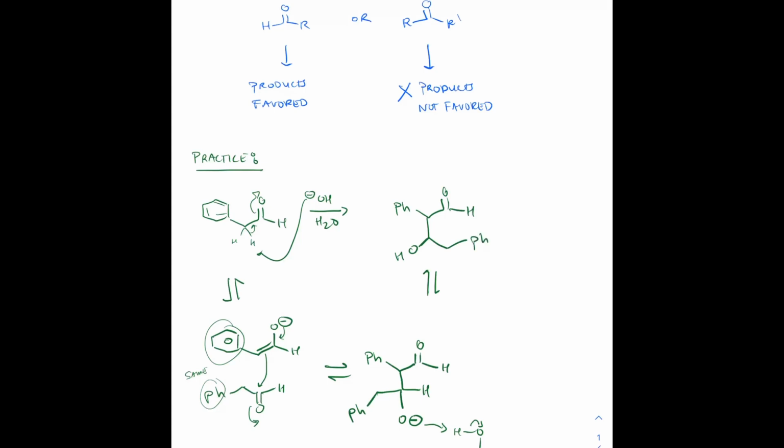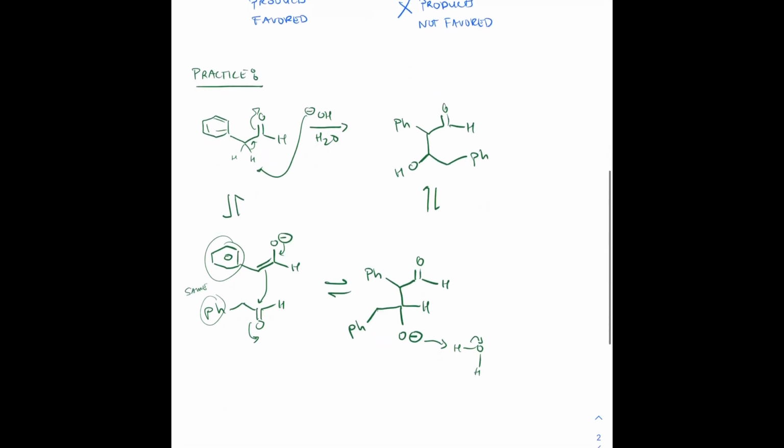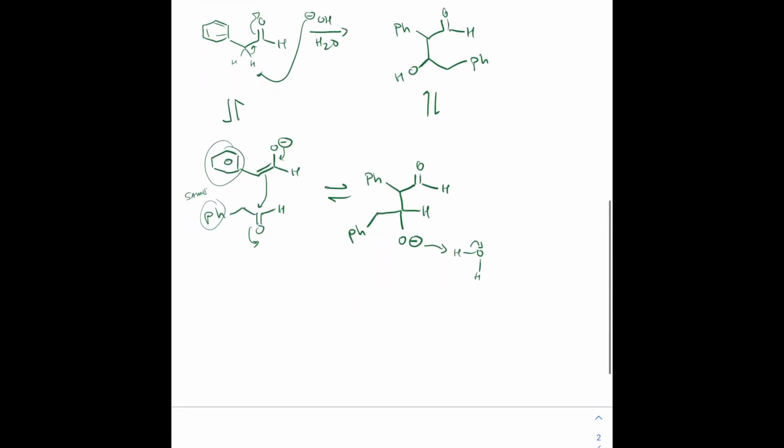Once that enolate attacks the aldehyde carbonyl, and then we protonate it, we form the beta hydroxy carbonyl. And that is the structure drawn above. It gets a little tricky when you're drawing all those new carbon-carbon bonds.